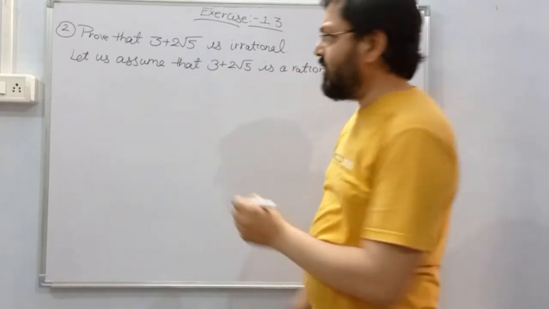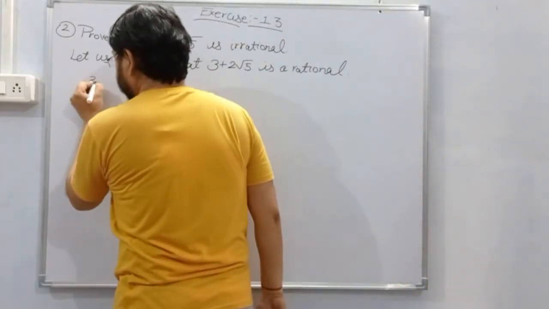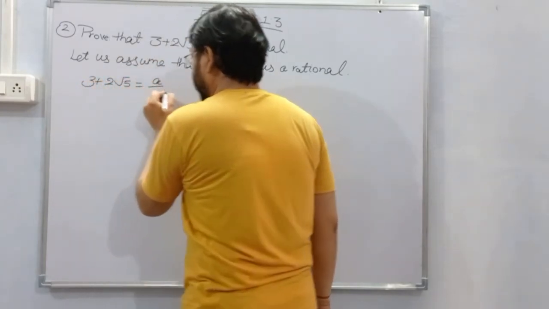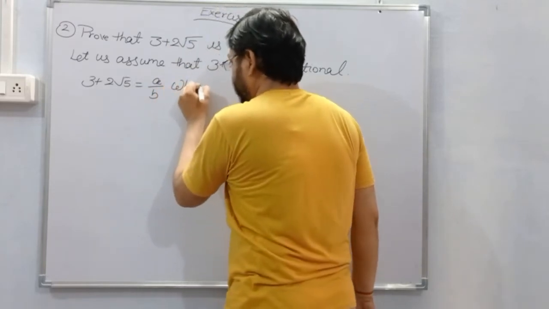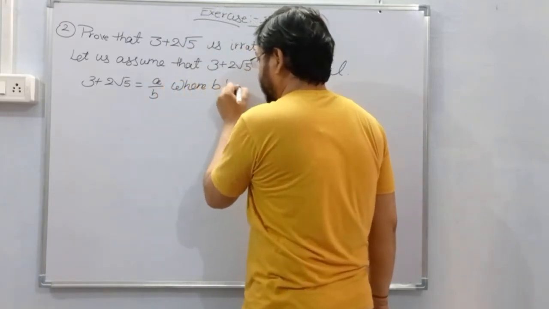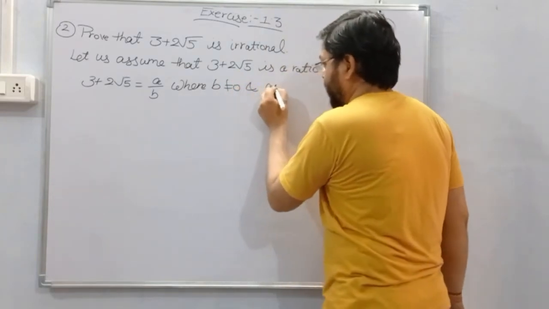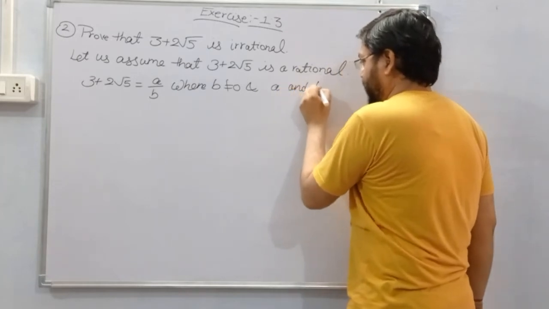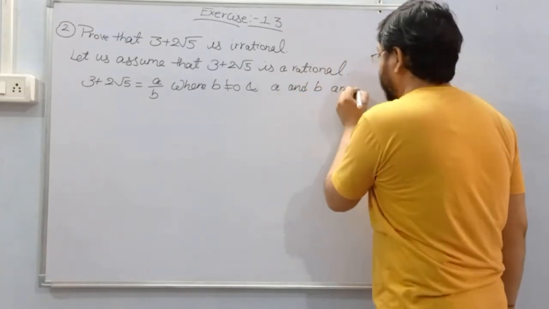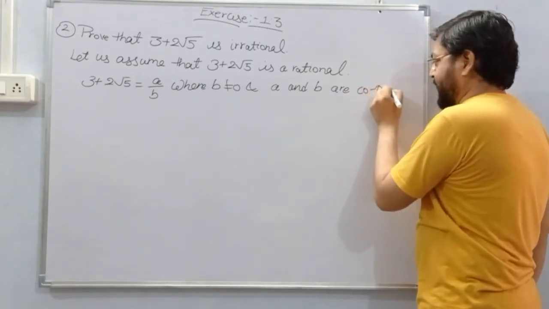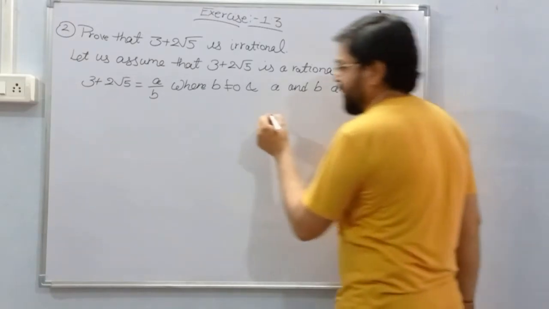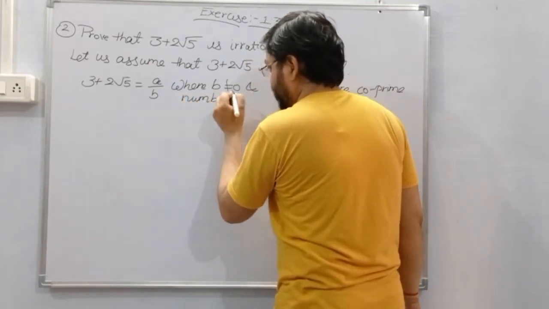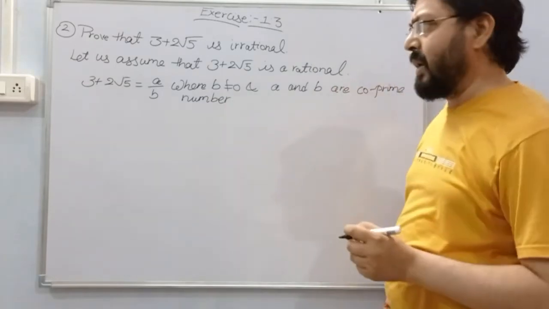As this is rational, then I can write 3 plus 2 root 5 is equal to a upon b, where b is not equal to 0 and a and b are co-prime numbers. I think you know co-prime numbers: two numbers whose HCF is equal to 1 are known as co-prime numbers.